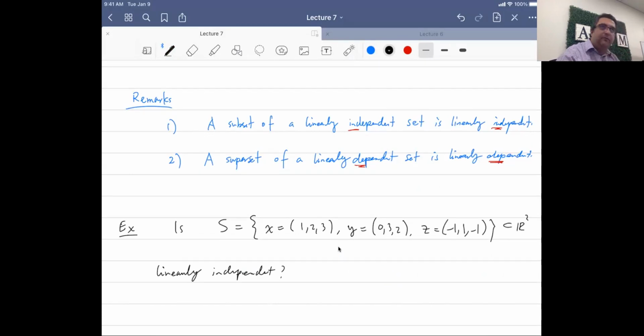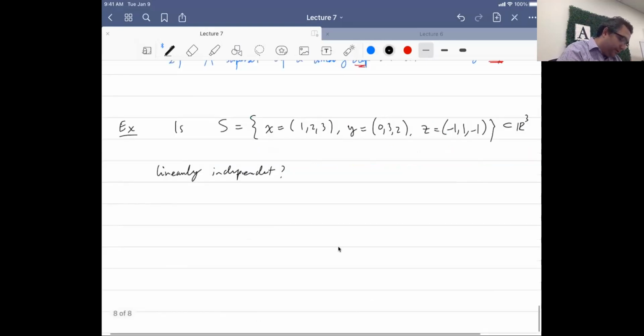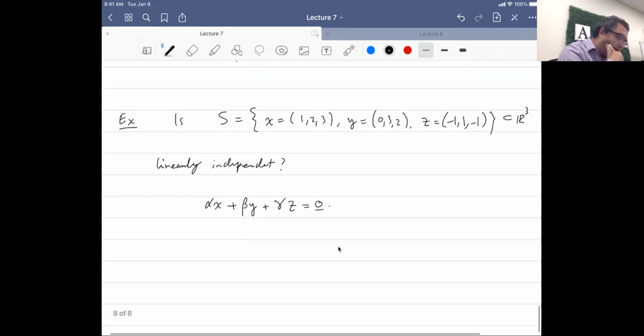So I have a set of 3 vectors in R3, and I'm asking, do you think this is a linearly independent set or not? How do I determine that? We don't know just by staring, sometimes it's hard. So what we do is set up alpha x plus beta y plus gamma z equals (0, 0, 0). So what does that mean exactly?